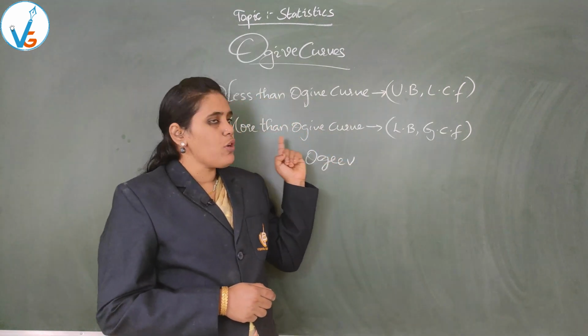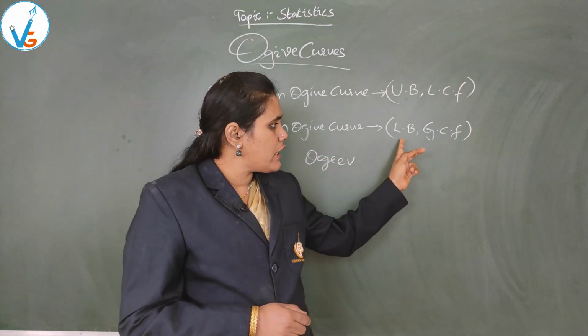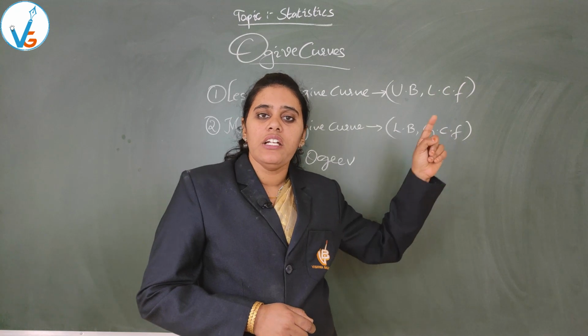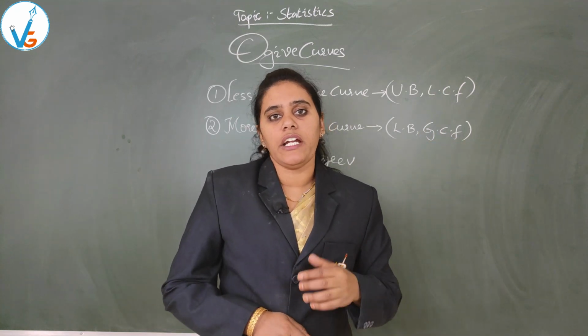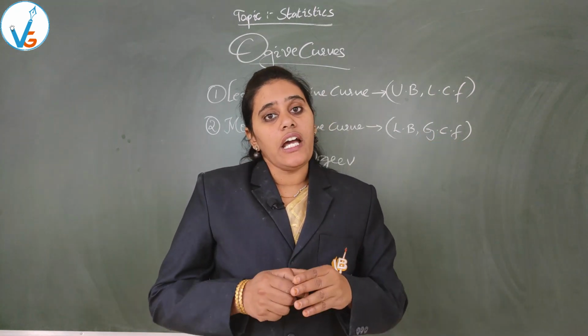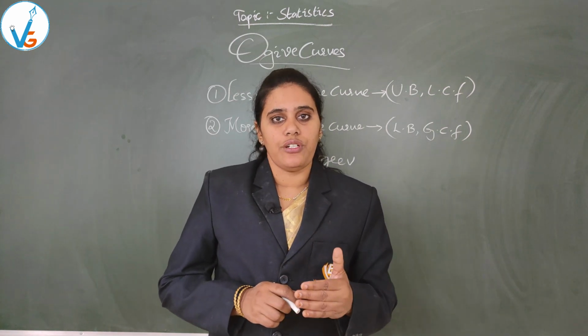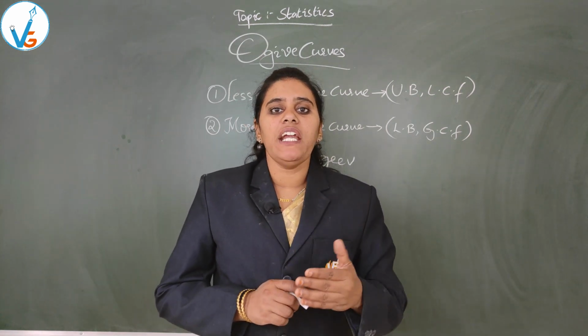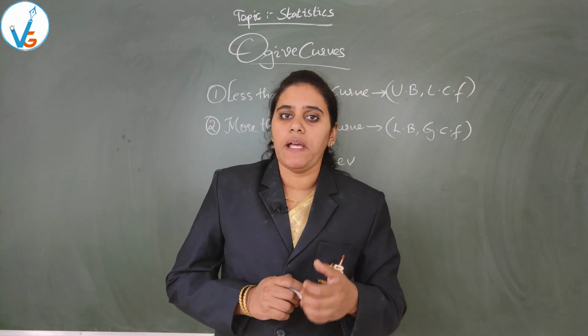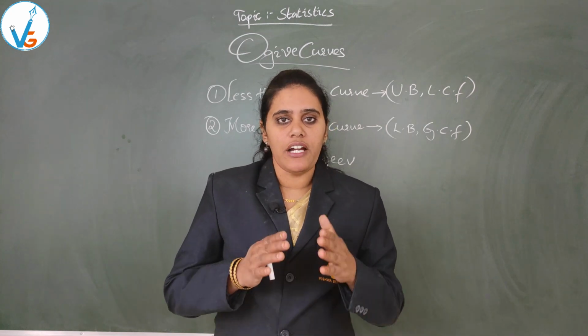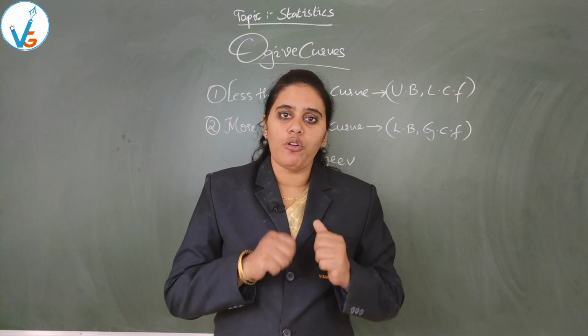Next, for our more than ogive curve, we will use lower boundary and GCF. GCF is nothing but greater than cumulative frequency. Here, ogive is used to find out the median in a graphical method. I hope you have understood something about ogive.